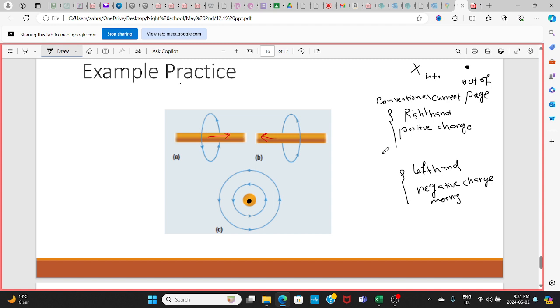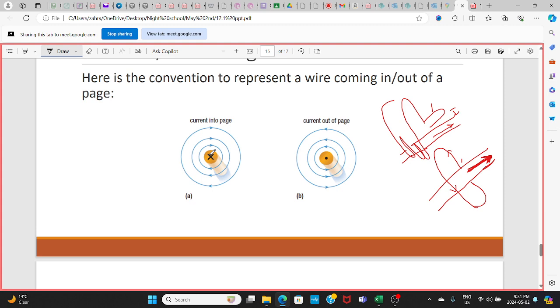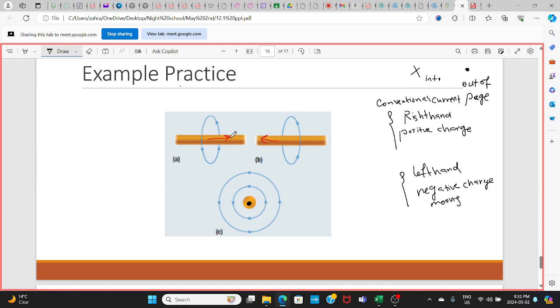Miss, what type of questions would we get on this topic? You would get a wire. You either have a magnetic field and you need to figure out the direction of the current, or you will have the direction of the current and you need to find the direction of the magnetic field around it, right?